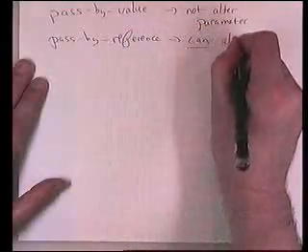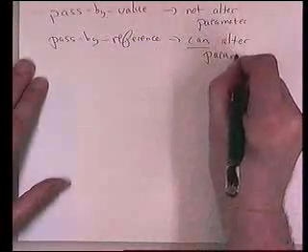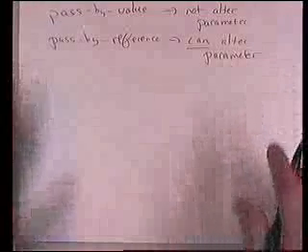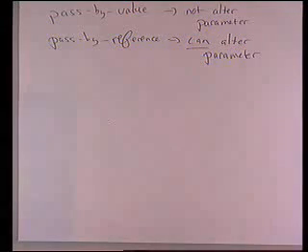In that case, you can alter your parameter. When people talk about programming languages as a general topic, usually the discussion is pass by value versus pass by reference. You're sending things in so that they can't be altered versus sending things in so that they can be altered. And so what we basically have here is two different means of passing by reference.